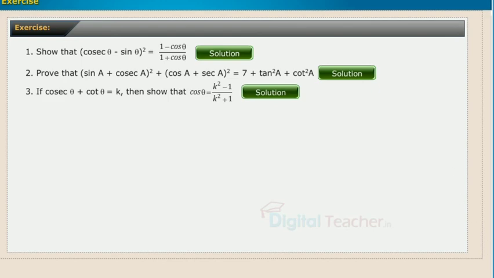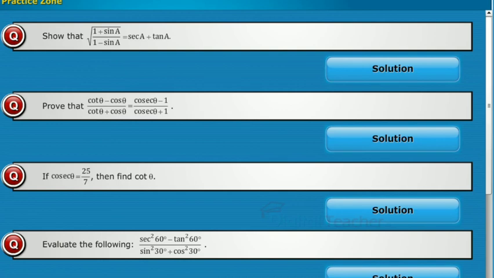Try to solve the problems in the practice zone on your own.